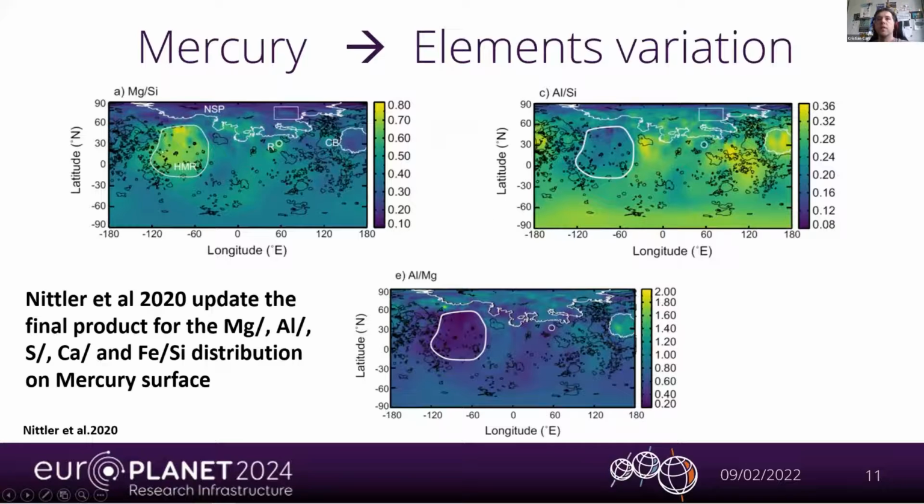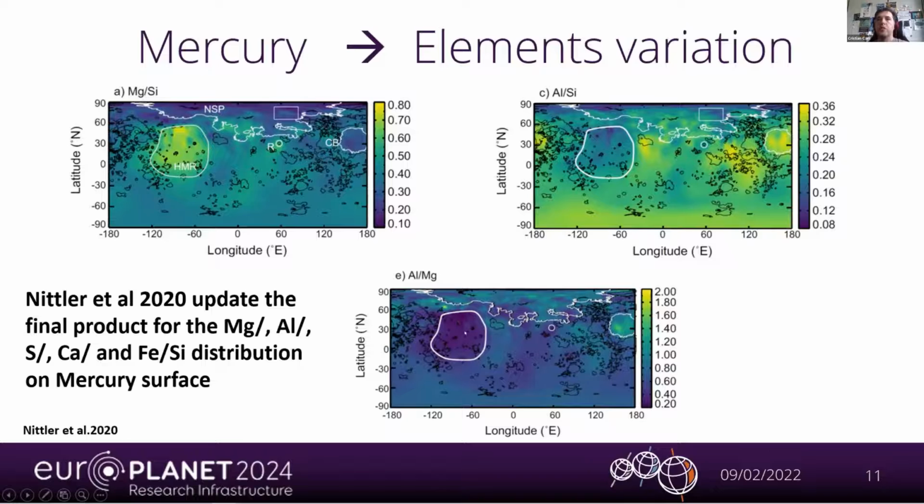There are some specific regions that are enriched in magnesium, for instance, and depleted in aluminum, or some regions that are enriched in aluminum and depleted in magnesium. But when we start to compare those, we can clearly see that some of these regions can be separated.